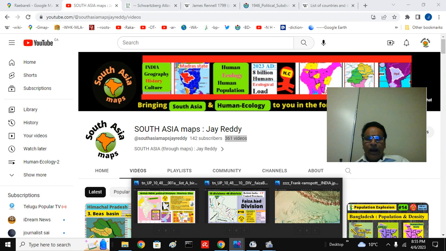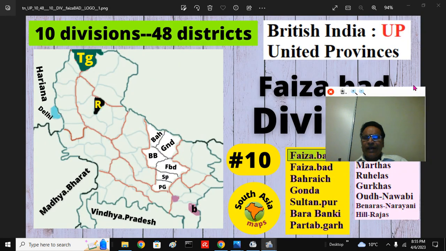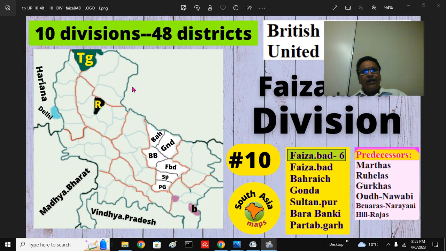And how the United Provinces was assembled is very easy. This entire United Provinces, most of the western part was ruled by the Marathas, this was ruled by the Afghan origin Rohilla Nawabs, and this is the Awadhi Nawabs, Ayodhya Nawabs, and Gurkhas from Nepal conquered this, and there used to be some hill Rajas of Garhwal and Kumaon, and in the Purbiya Benares region there used to be a Narayani dynasty.